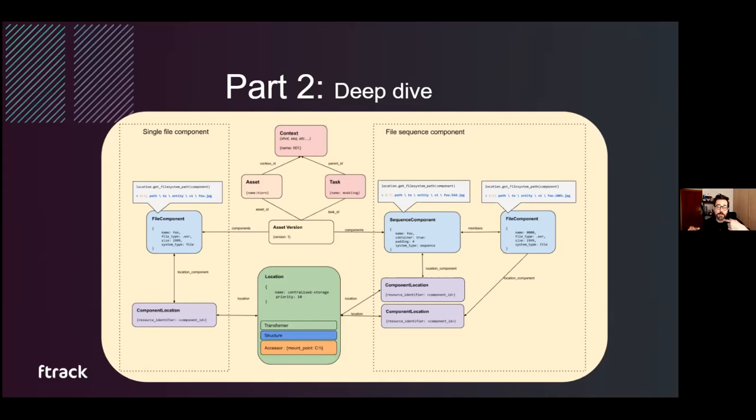What happens is that you first publish the sequence component, so the file sequence will be available in another site, but the availability will be 0, because no file of that sequence has been transferred yet. As more files are transferred, the availability becomes higher. And of course, the sequence component and the file component will have their own component in location, because they could be living in different places at the same time, as we saw.